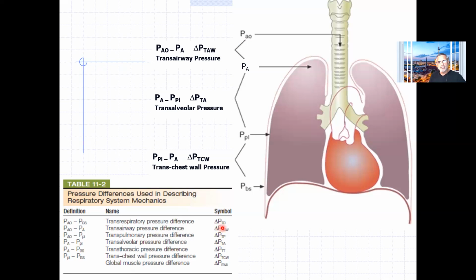And so that's the delta in trans-respiratory pressure. And if we wanted to look at the relationship between airway opening pressure and pleural pressure, we can again come through here and find that relationship. We would call that transpulmonary pressure. And that would be the delta of the transpulmonary pressure.